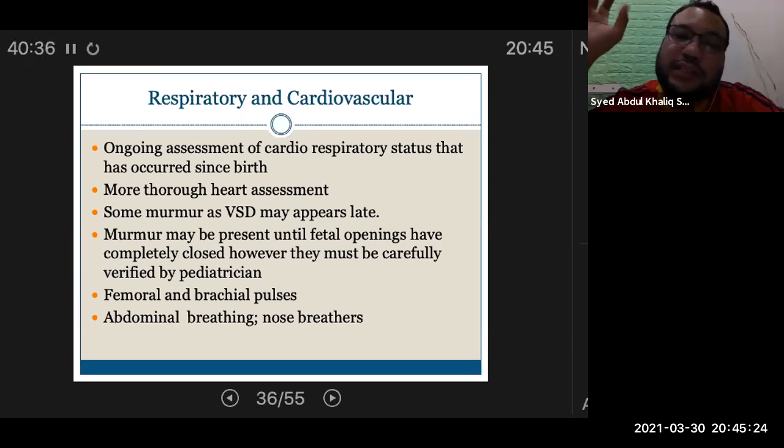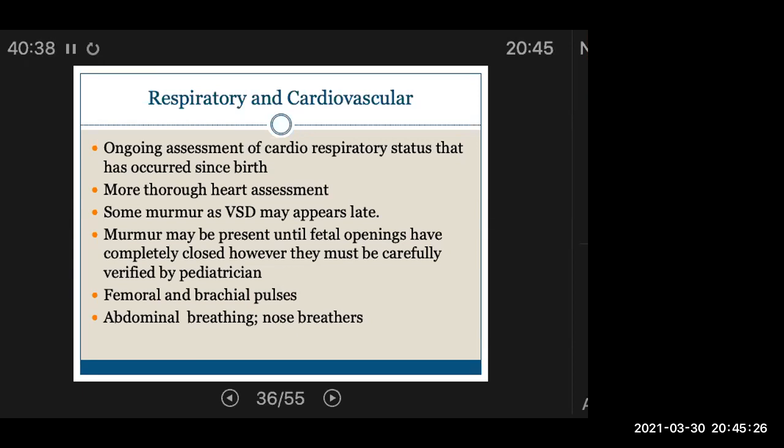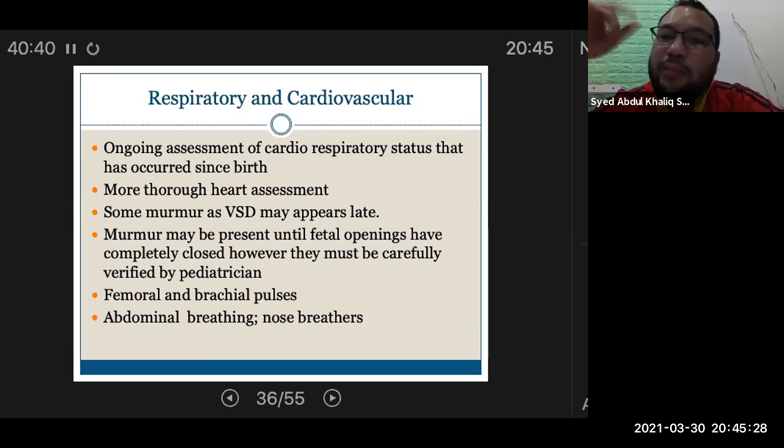Then you also sometimes assess four-limb blood pressure, because if there's coarctation of aorta, you see there's a blood pressure difference between upper limb and lower limb. Look for abdominal breathing. You need to remember, newborn babies are obligate nasal breathers. They can only breathe with their nose. They cannot breathe with their mouth. If you block the nose, even though the mouth is open, they don't know how to breathe.